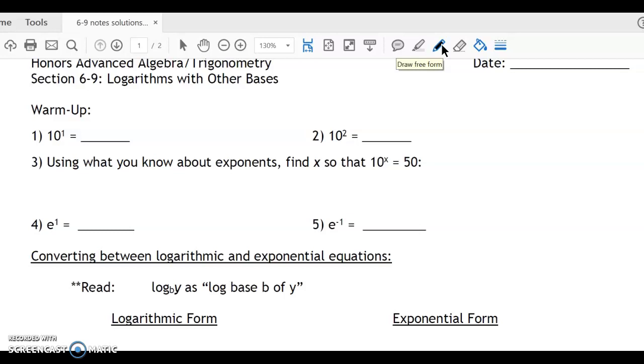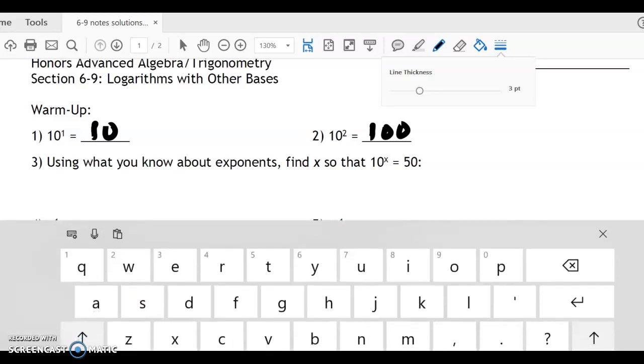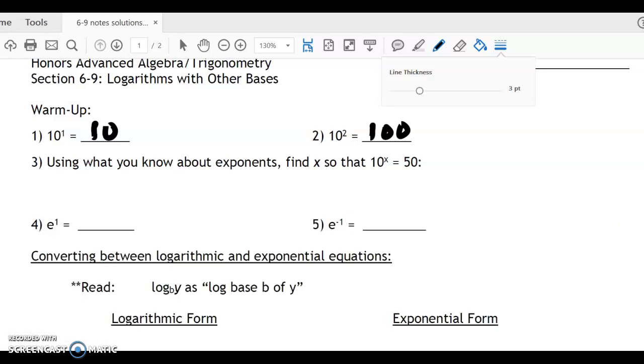So 10 to the first we know is 10. 10 to the second we know is 100. Using what you know about exponents, find x so that 10 to the x equals 50. Now, if you do this on your calculator and you play around with it, you're going to get an approximate number, 1.69.